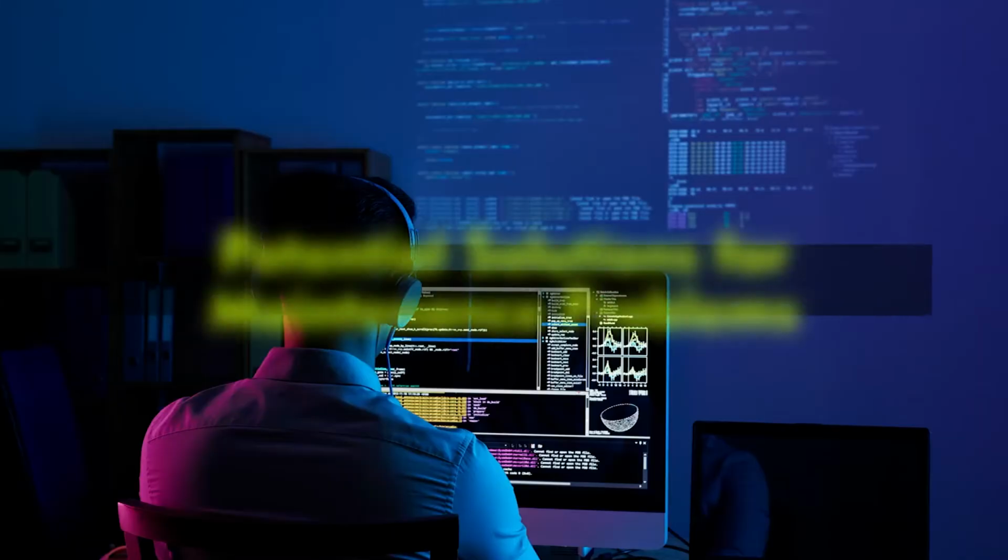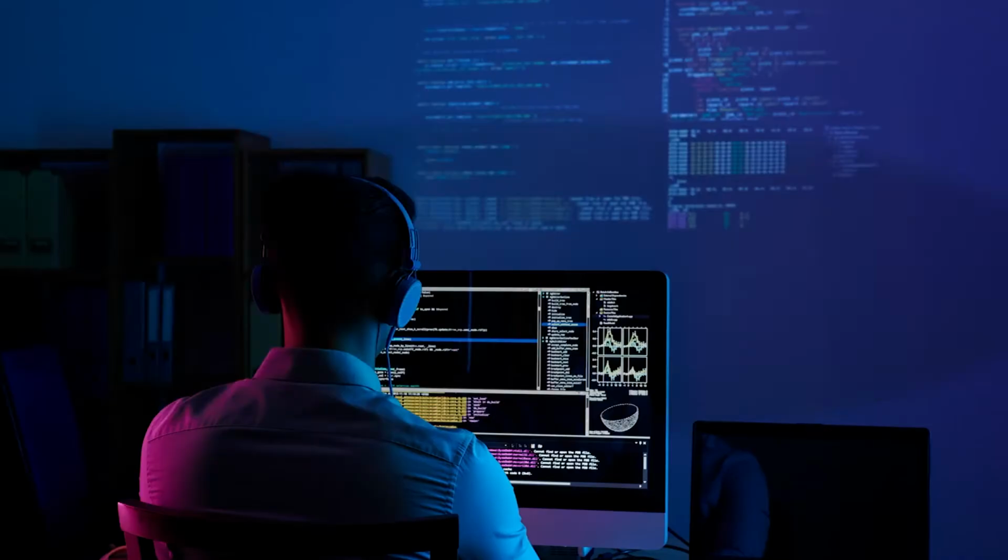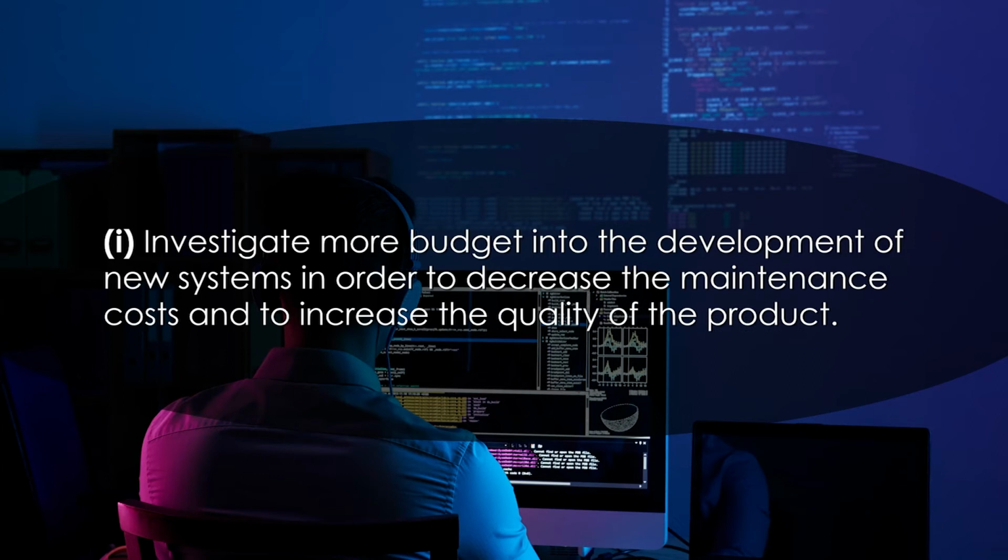So we were talking about the influence factors, the internal influence factors and the external influence factors. Do we have any potential solutions? Yes, of course. There are certain potential solutions for the maintenance problems, as you can see. The first one is to invest in more budget.